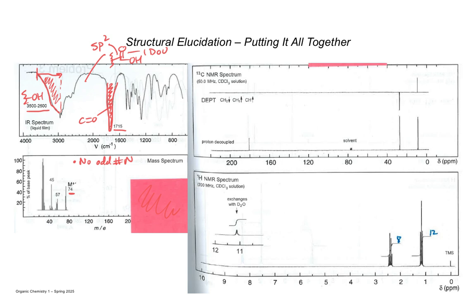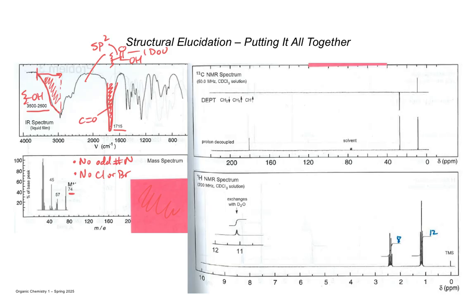There's nothing there that says 76, so we can rule out chlorine and bromine. So we have this even mass, and we've ruled some things out. That helps us, because now we don't want to draw anything that has N, Cl, or Br in it.